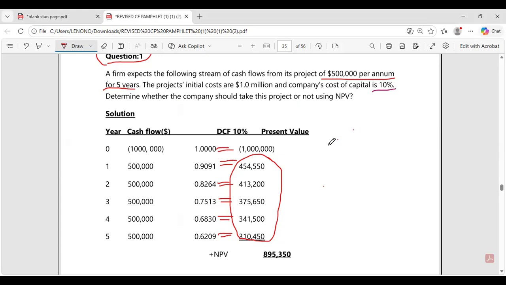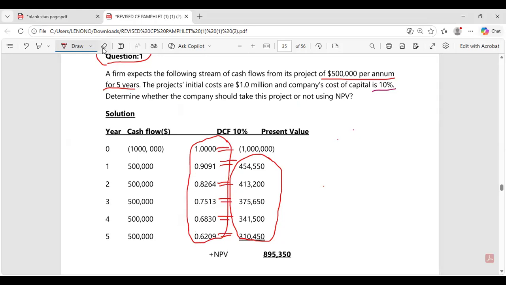No, to discount, just find the discount factor independently. Just find these factors, then you multiply them.